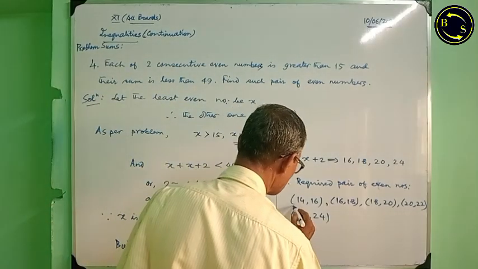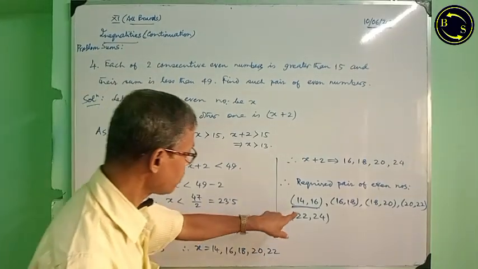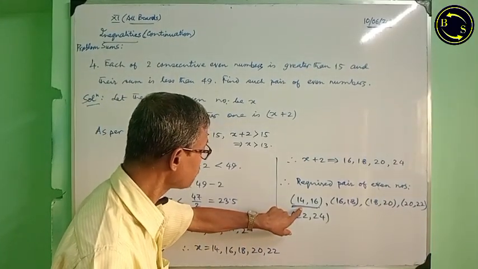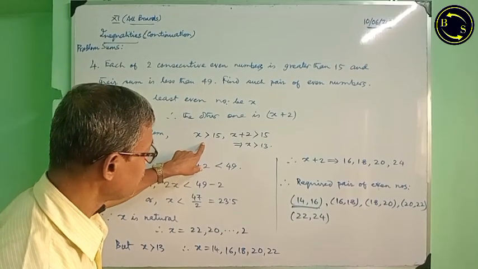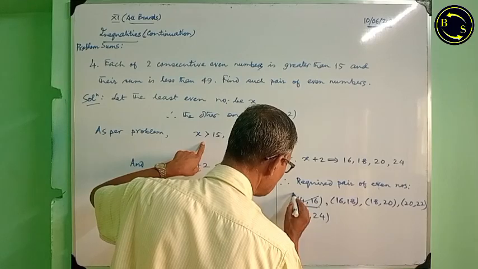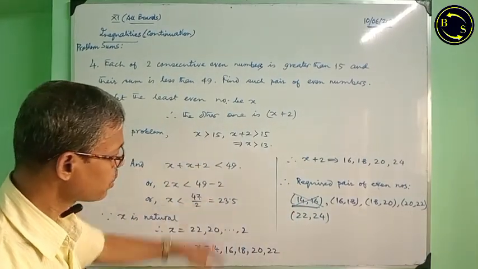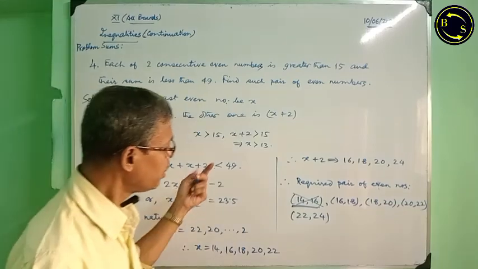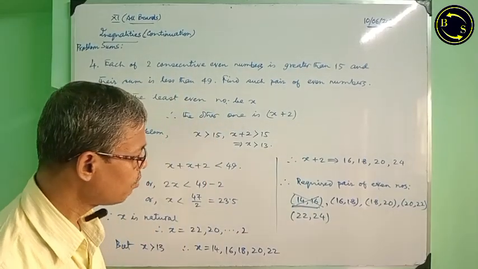But if we see this pair, x equal to 14, but x must be greater than 15. Therefore, this pair is to be rejected. Keeping all the restrictions, we have to determine the pair of even numbers.